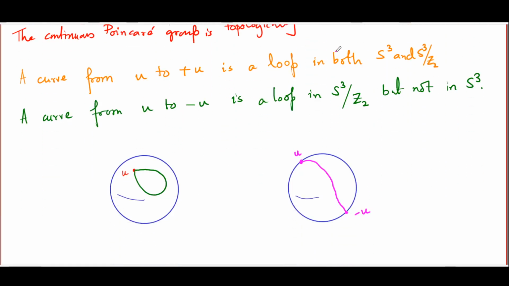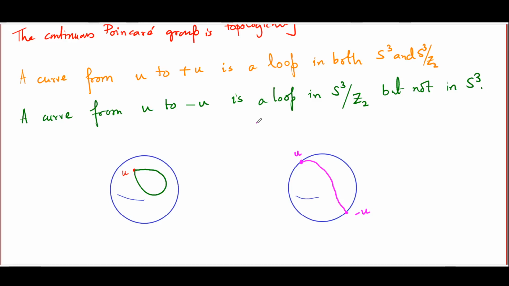Now, consider these two situations. You have a sphere. Of course, this is a 3-dimensional picture which I have drawn on paper. You have to imagine that this is really a solid sphere which has a 2-dimensional surface, and we have a point U on the surface, and we are considering this green curve which is a loop which goes from U to U. This is of course a loop in S2.